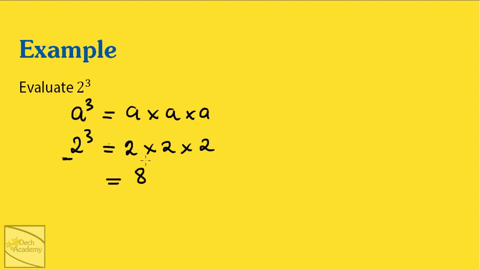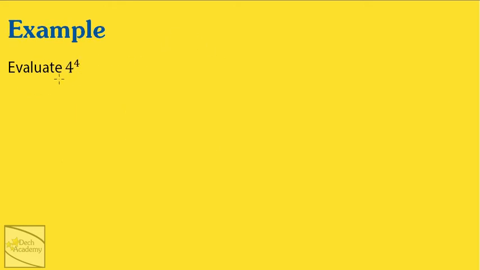This is very simple. So in this case, when asked to evaluate 4 raised to the power of 4, we know that any number raised to the power of 4 is equal to that number times itself, such that there will be 4 of the number. So a to the 4 is a times a times a times a. There are 4 a's.